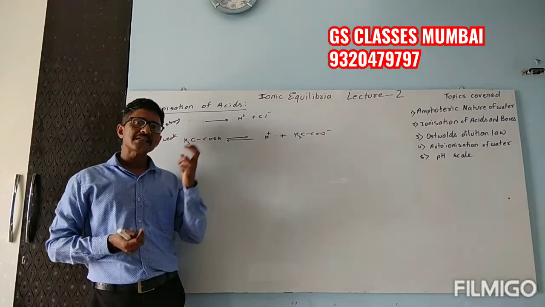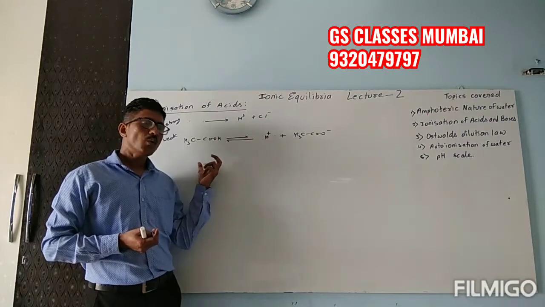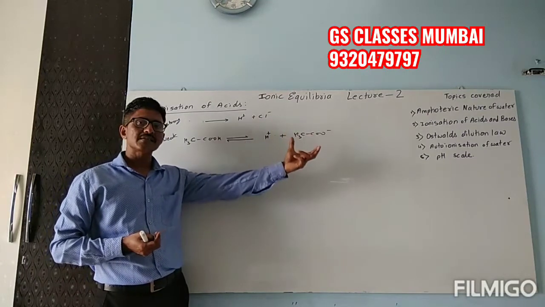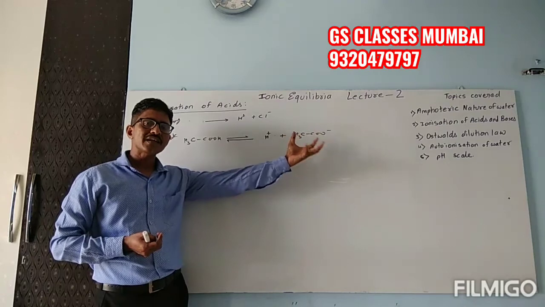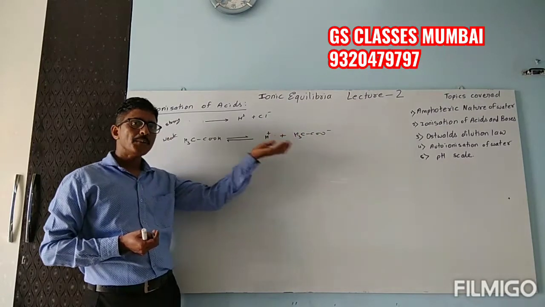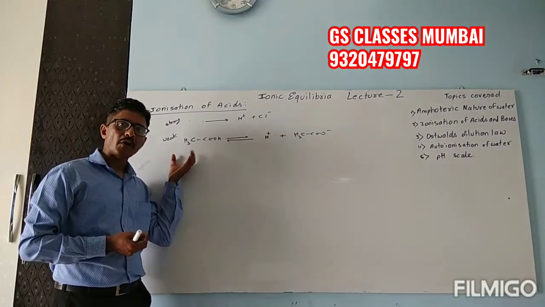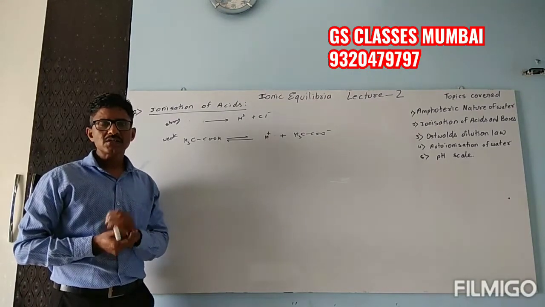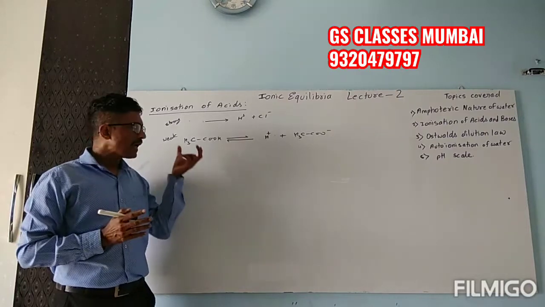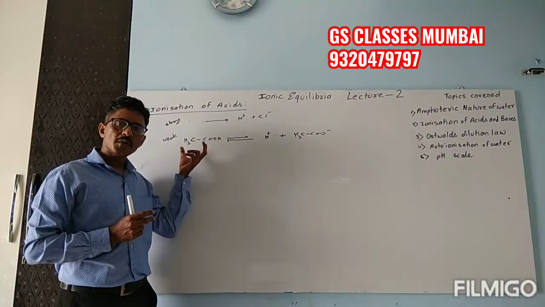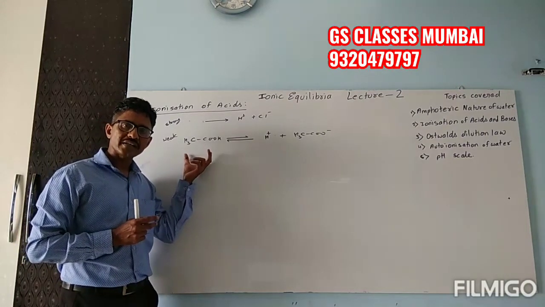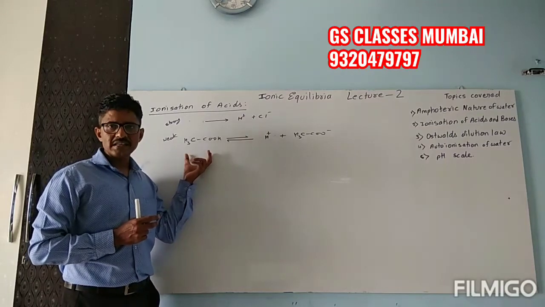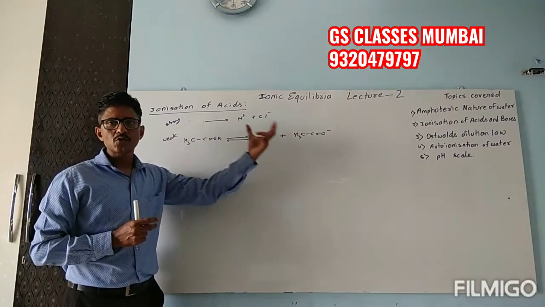The substance acetic acid will split into ions. Again ions will combine and come back into the acetic acid form. So we are going to have some acetic acid in the associated form, and some acetic acid in the dissociated form.